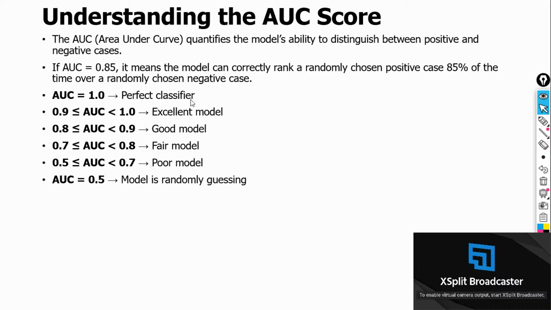If it lies between 0.8 and 0.9, we say it is a good model. If it is between 0.7 and 0.8, it's a fair model, and so on. If it is less than 0.7, I generally don't consider it; it is the worst model. If you have exactly 0.5, that means the model is randomly guessing.